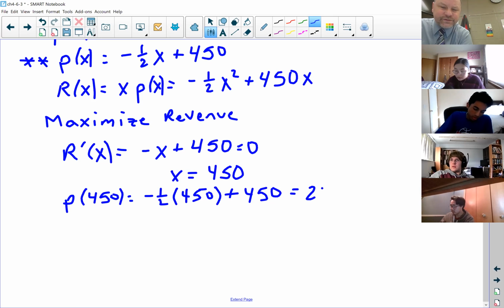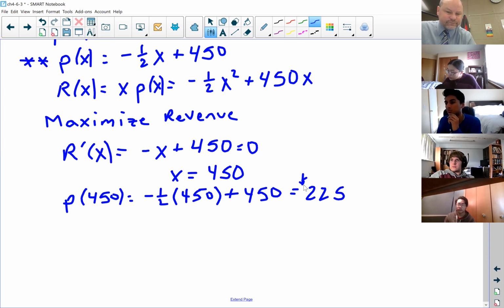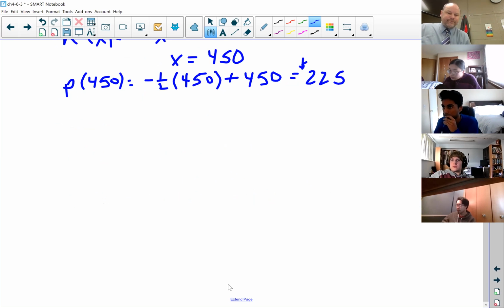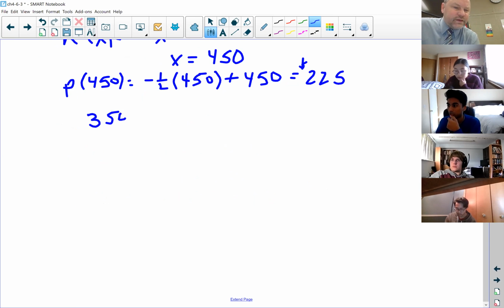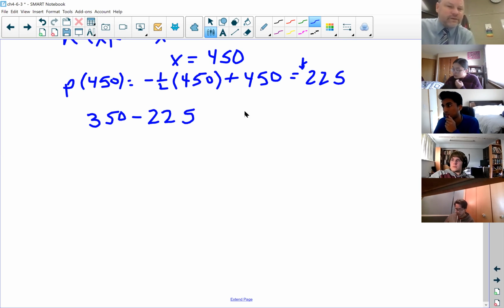So our price should be $225. So if our original price was $350, and our new price is going to be $225, we would need to offer a $125 rebate.